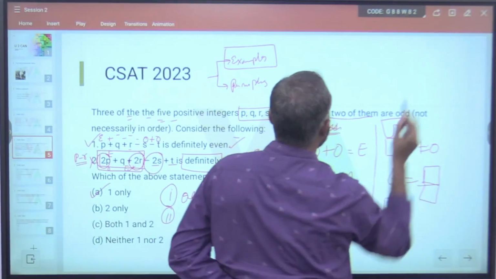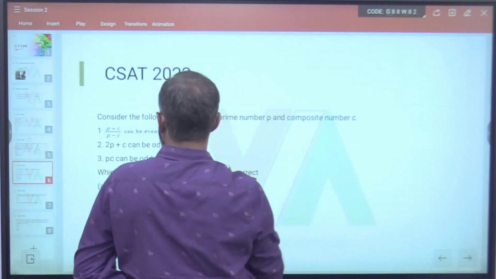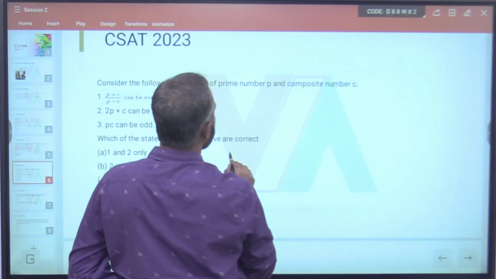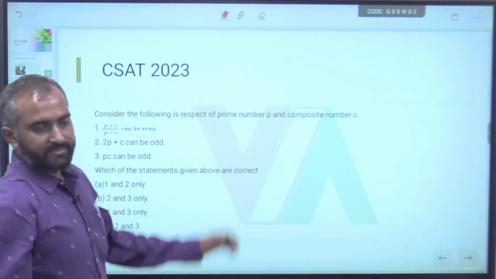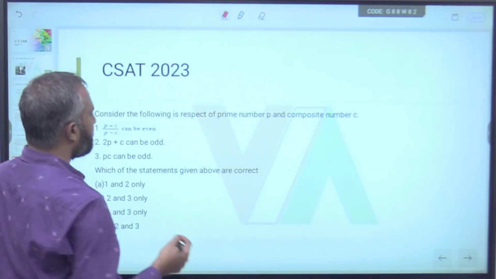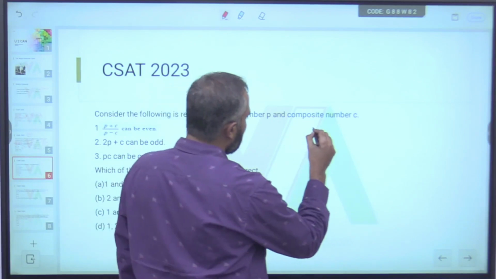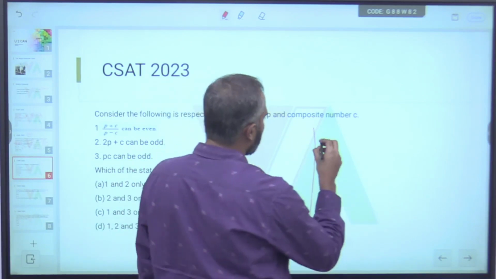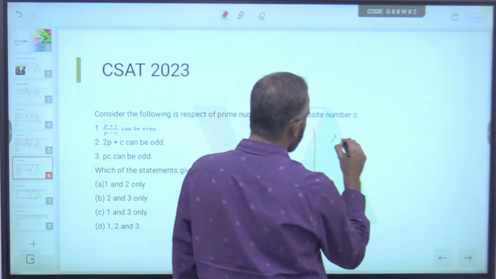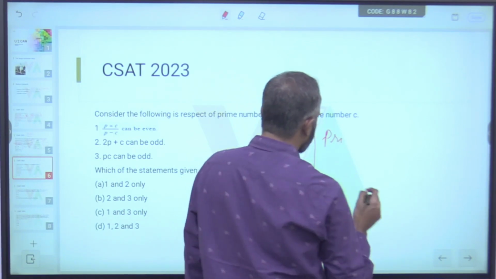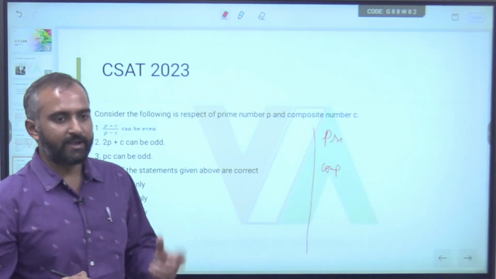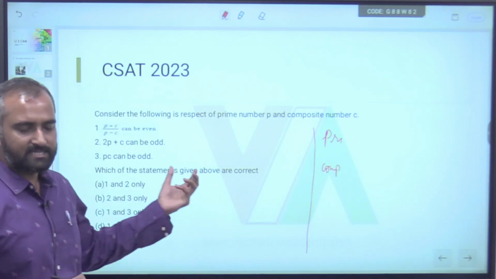Next. There it was odd and even, here prime and composite. Let us consider primes and composites. Instead of going and doing specific examples, just consider the principles.